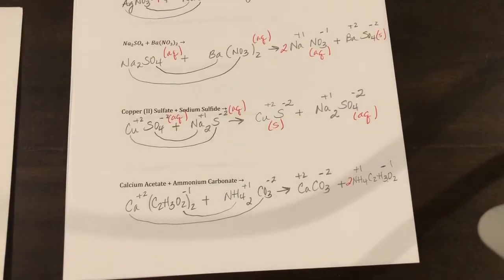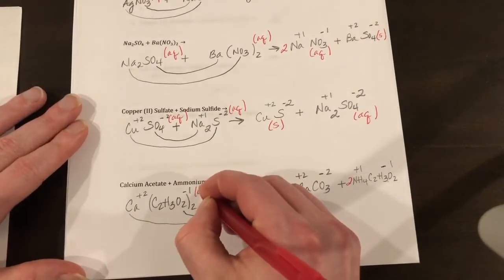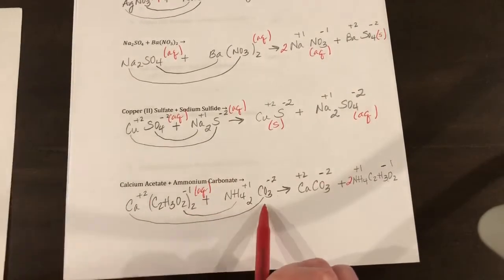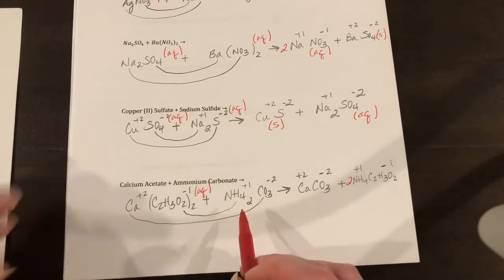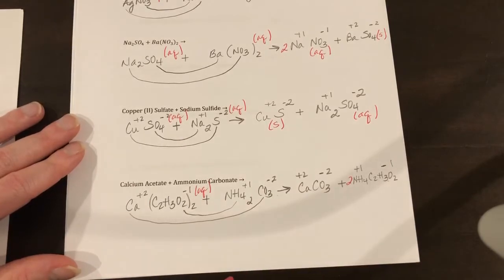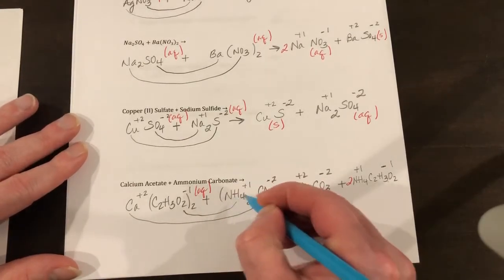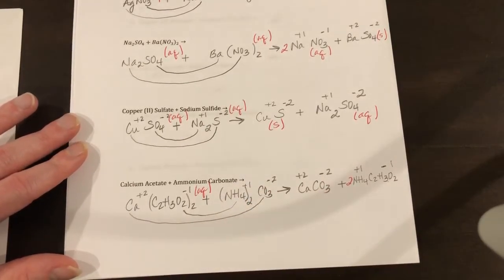All compounds containing acetate are soluble, so write aq. All compounds containing CO3 are insoluble except for NH4 and group 1. I wrote this wrong, sorry. There should be a parenthesis.